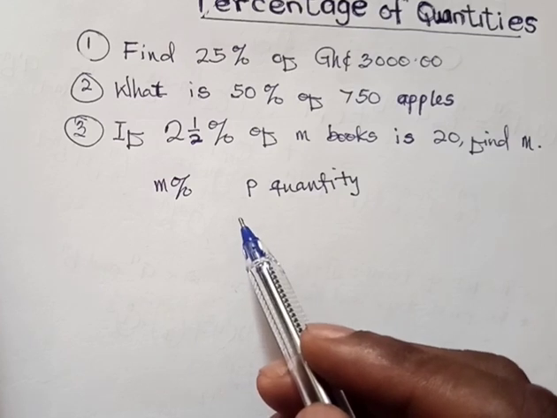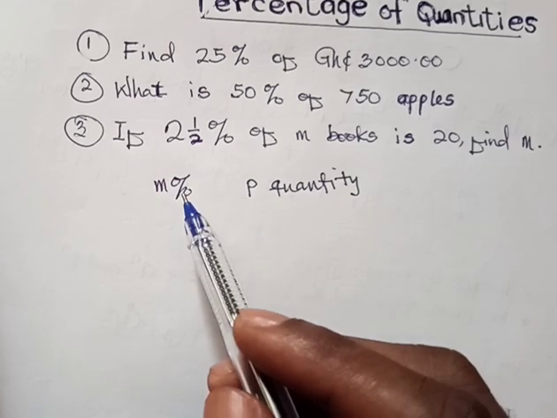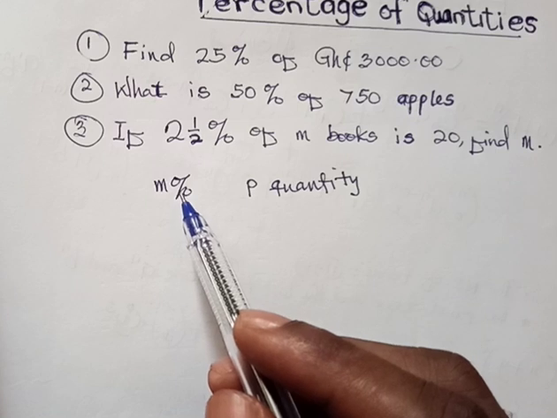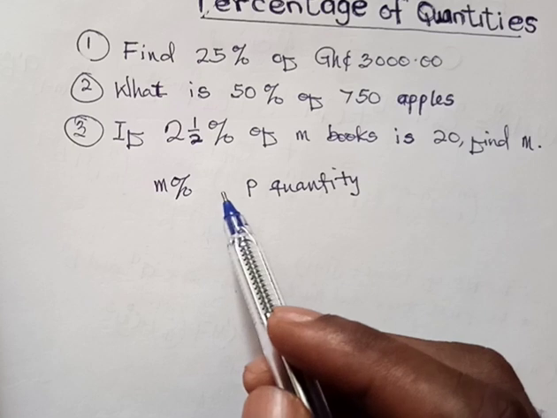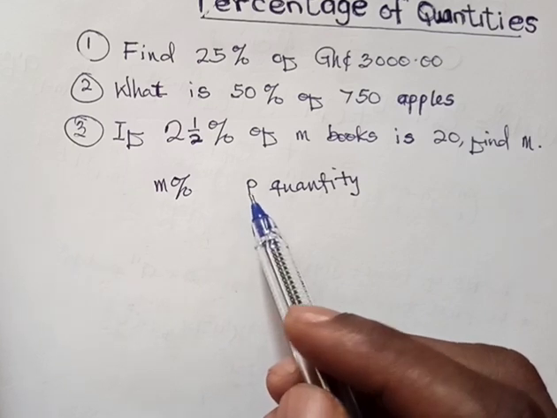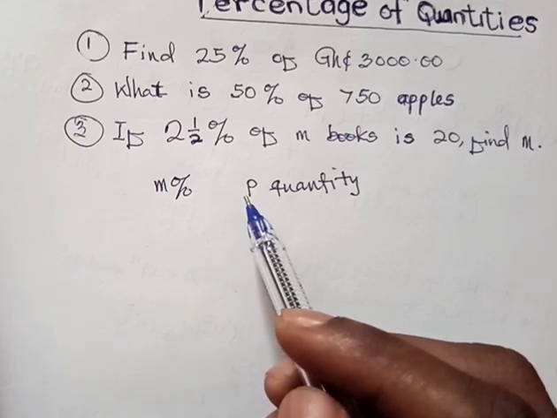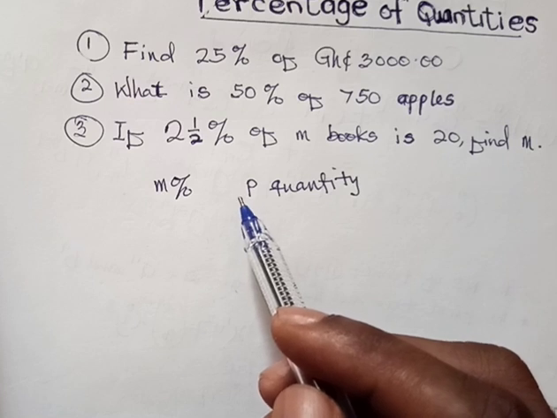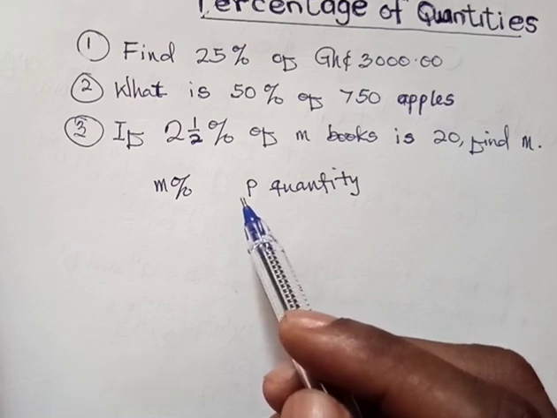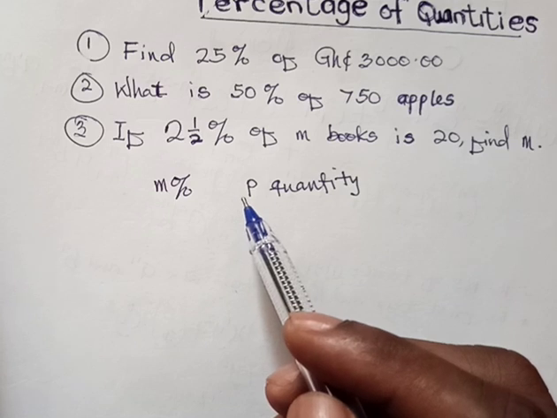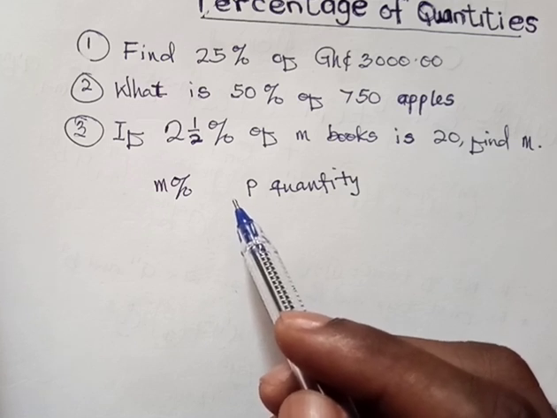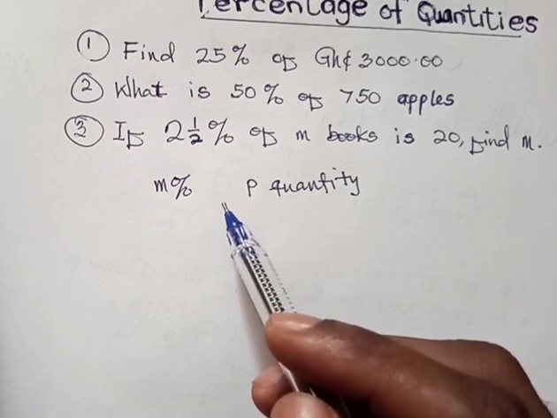All that you need to do is just express the given percentage as fraction, and multiply by whatever quantity is given to you. Quantity can be given to you in currencies, it can be given to you in items, maybe number of books or apples, whatever at all.